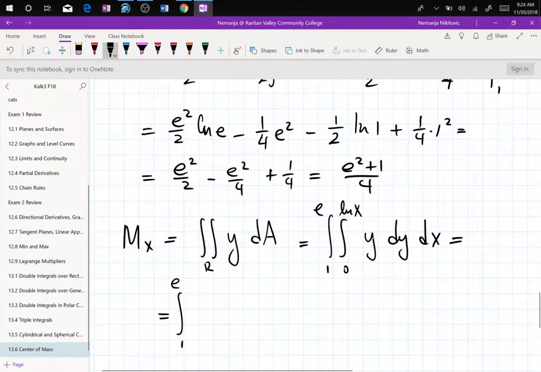When I integrate y, I get y squared over 2. Wow, this is going to be ln x squared over 2 dx.